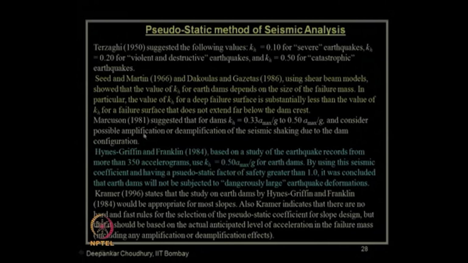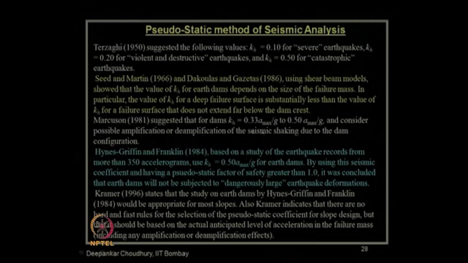And Marcuson in 1981 suggested that for dams, you use the kh value of between 0.33 times A max by g to 0.5 times A max by g. Remember, these are the values corresponding to some factors as proposed in the present day Eurocode, right.